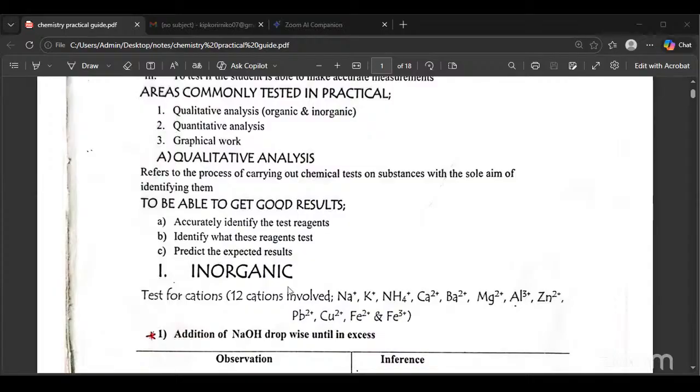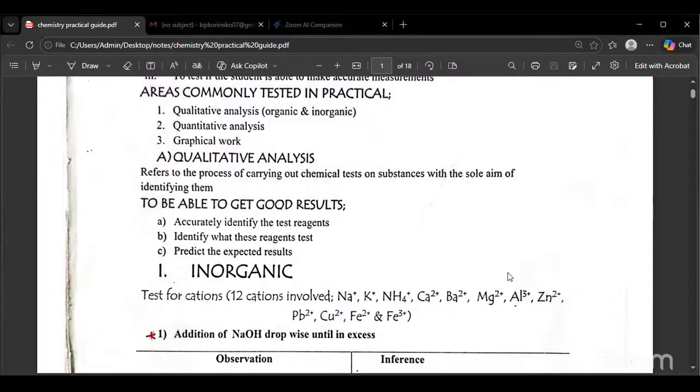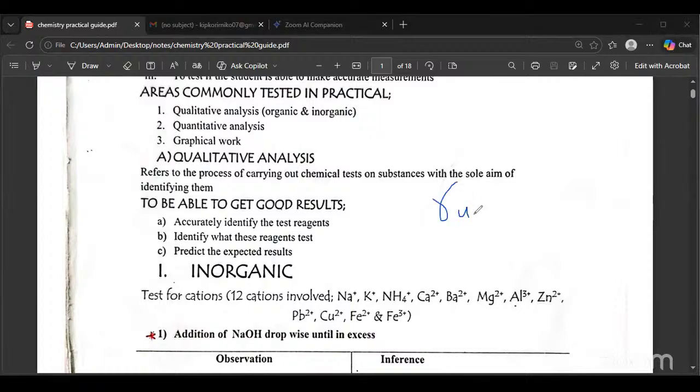We touched on that one, so that you understand the difference between iron 2 and iron 3. I said it is very important for the sake of understanding. So, chemical name for rust.